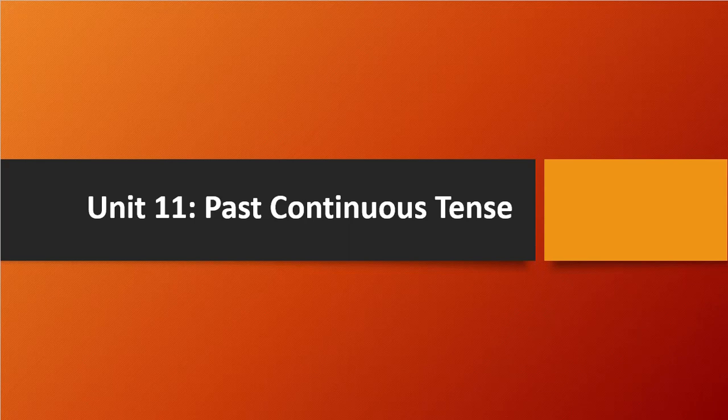So in a past moment, you are doing an action, like in the morning at 6 o'clock you are eating breakfast, right? So what you can see, at 6 o'clock in the morning, I was eating dinner. So eating dinner at that moment was going on. That was running in the past. Presently I am teaching you.